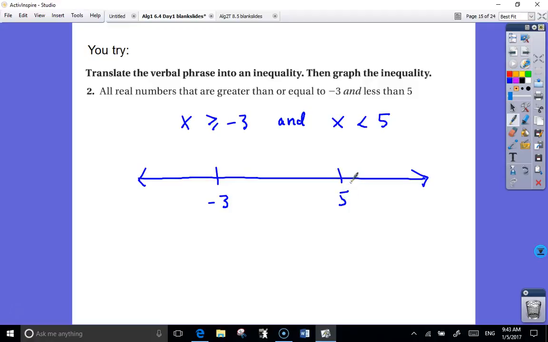Okay, so we're going to graph them both on the same number line, and then we're going to shade, or figure out where they overlap. So, or equal to means closed circle, shade to the right. Open circle, shade to the left. So where's the shading go for the whole compound inequality? Between, right?